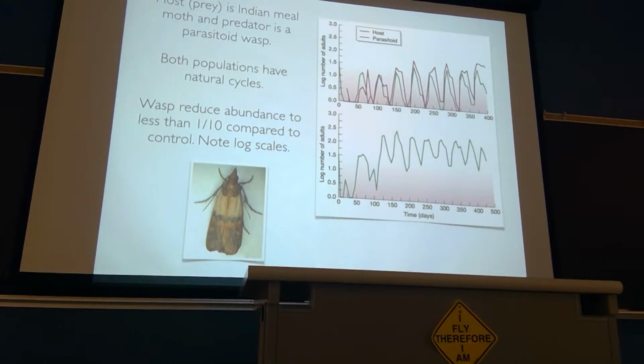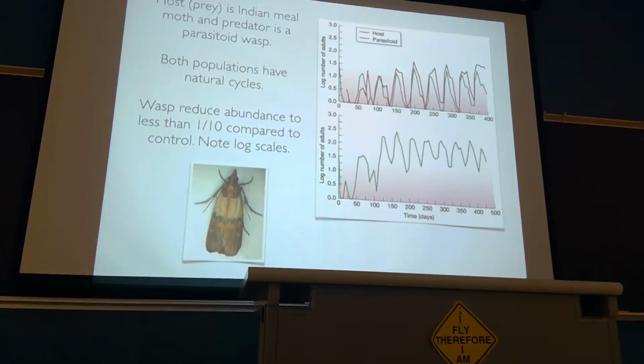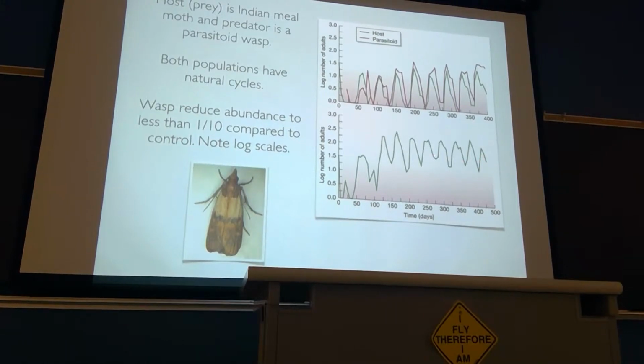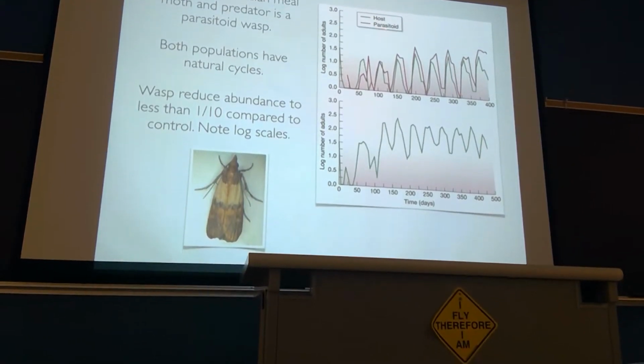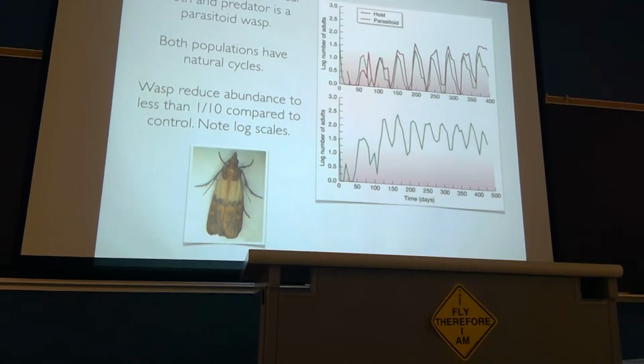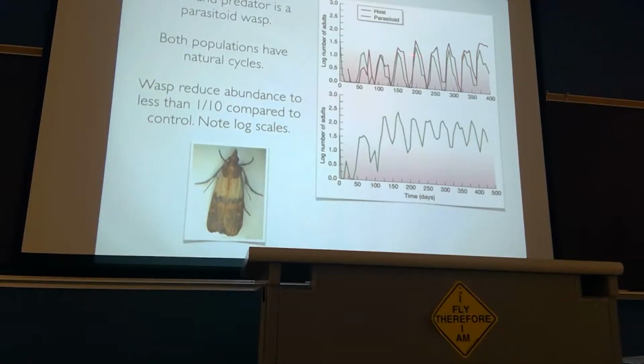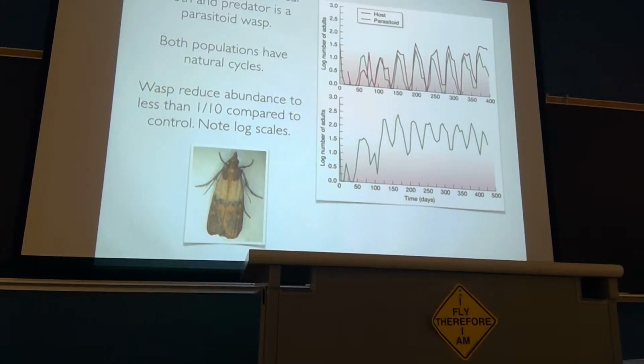What these particular researchers did was grow the moth here without its parasite, and you see that it goes through normal cycles of increase and decrease. When they add the parasitoid, the predator here, it allows the cycling to continue, but it regulates the overall population size of the host moth. These are log 10 scales, and you'll notice that the moth gets up to about 1.5 when the parasite is present. It gets up to about 2.5, much more abundant, when the parasite is not present.